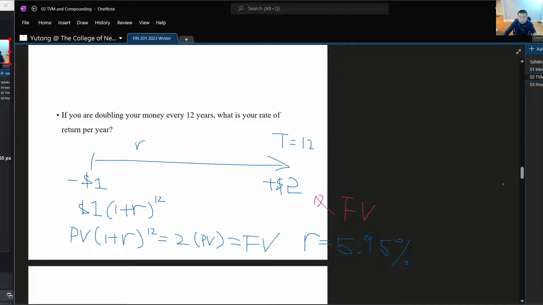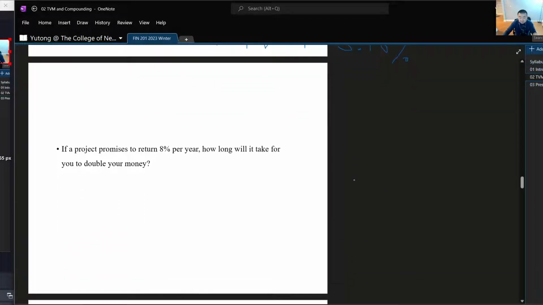If a project promises a return of 8%, how long does it take for you to double your money? This is a little different. Let's say you begin with $1 and you want to get $2 in the end with an 8% return.